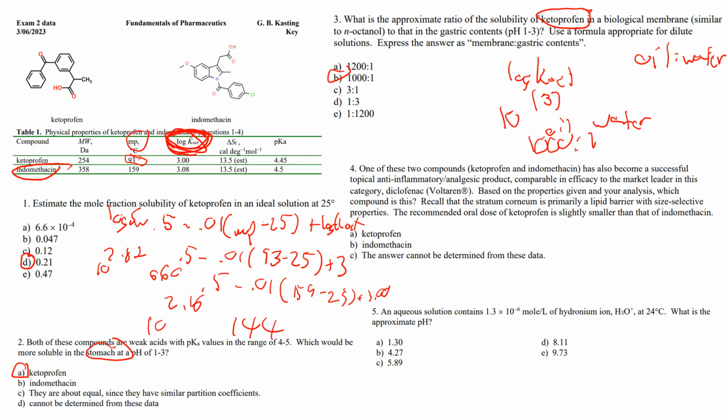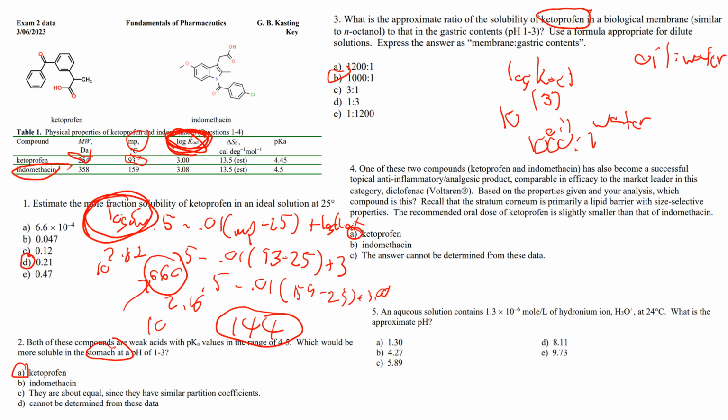Smaller molecules can cross the membrane more easily. In this case, that's also ketoprofen. But it's just this difference in this 144 for indomethacin that we calculated versus the 660. This 660 is so much more important than any other value. The answer is ketoprofen. It's that water solubility that essentially is going to determine how soluble your product is.